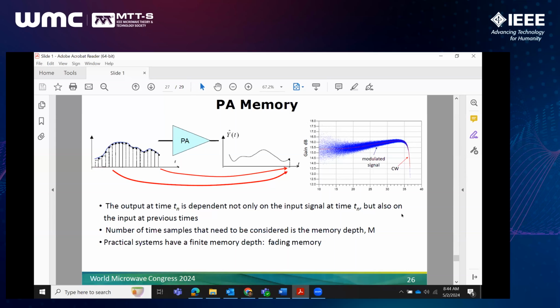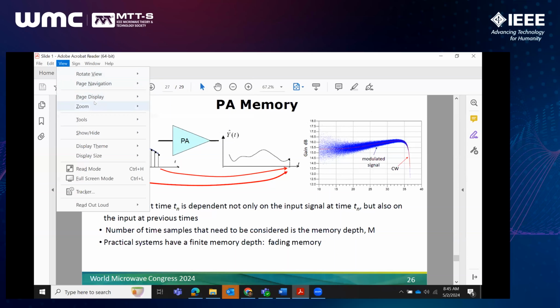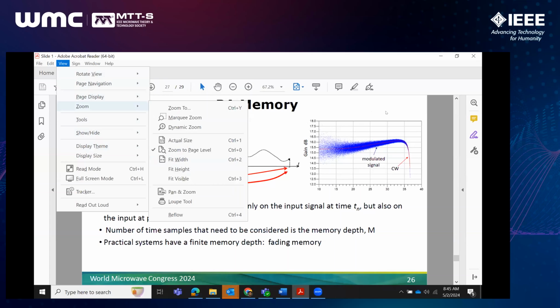In terms of the gain response, with a CW signal, we would get simply a gain response shown in red. With PA memory, there isn't a unique gain response. It depends on where we look in time at the input and output signals, and we'll get this cloud of points in terms of a gain response.